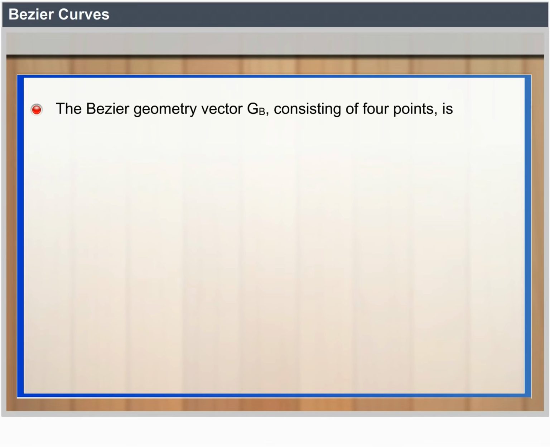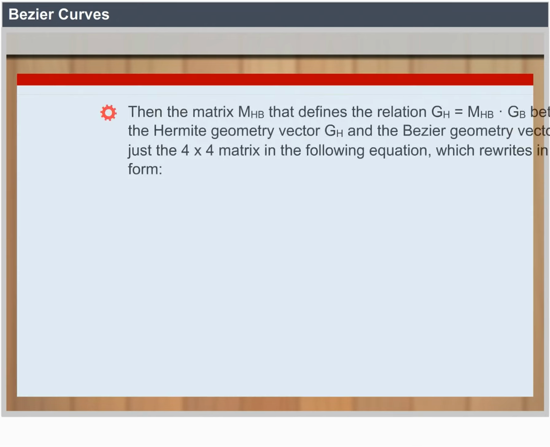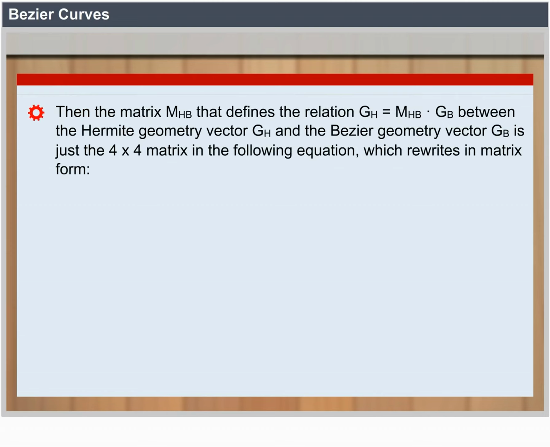The Bezier geometry vector GB, consisting of 4 points, is GB equals matrix P1, P2, P3, P4. Then the matrix MHB that defines the relation GH equals MHB and GB between the Hermite geometry vector GH and the Bezier geometry vector GB is just a 4x4 matrix in the following equation, which rewrites in the matrix form as given below.